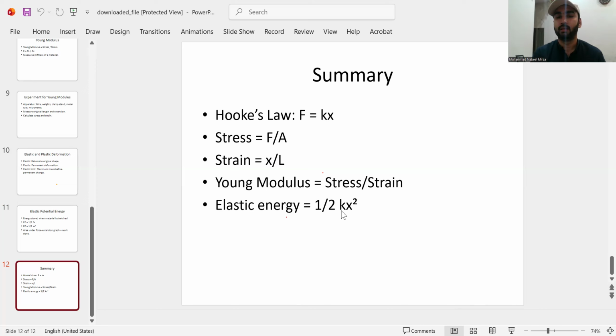It may be a soft spring, a hard spring, plastic, or an elastic material like cloth. And x means the change in its length. It's called elastic potential energy, stored in a material when we apply the force.